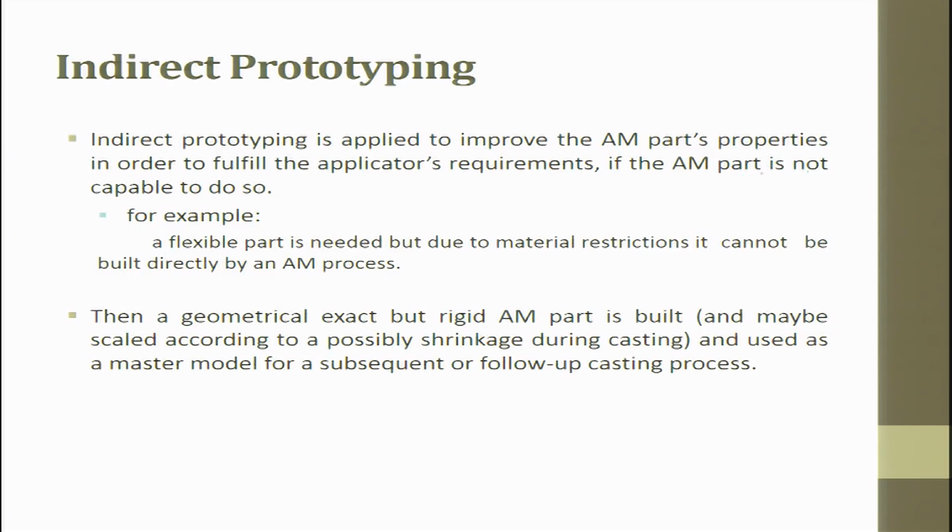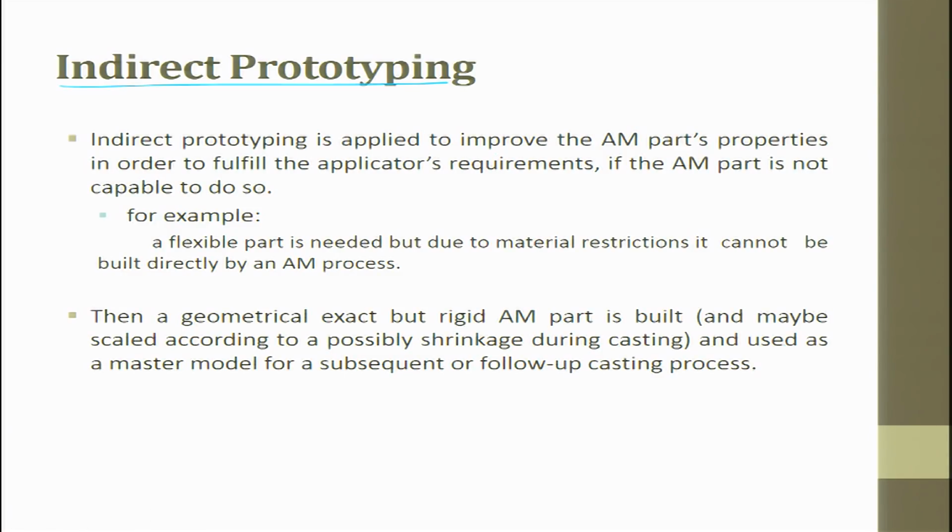If the AM part is not capable of doing so, for example, a flexible part is needed, but due to material restriction it cannot be built directly by an AM process, then a geometrically exact but rigid AM part is built and used as a master mold for a subsequent follow-up casting process. That is indirect prototyping.